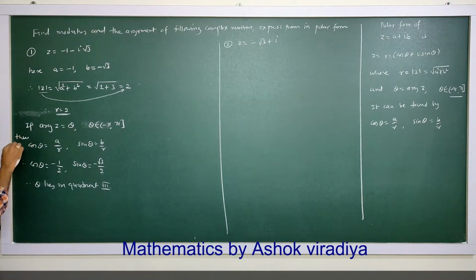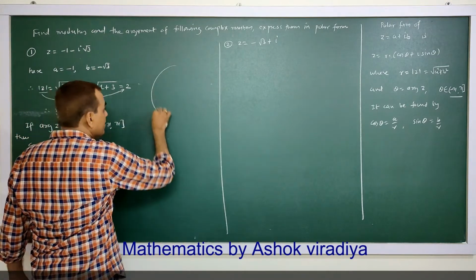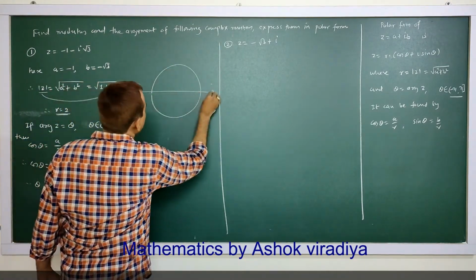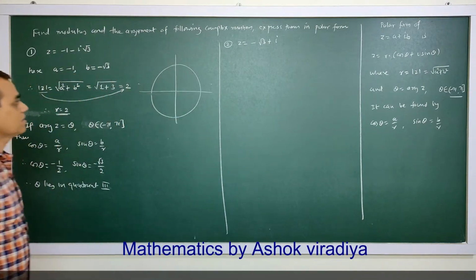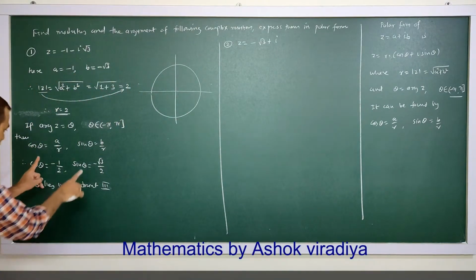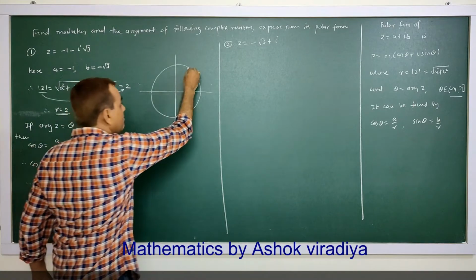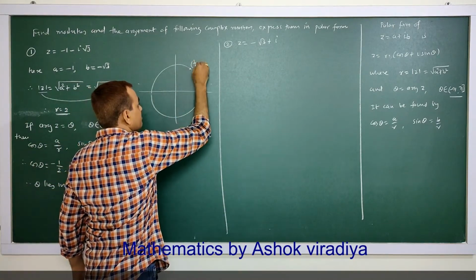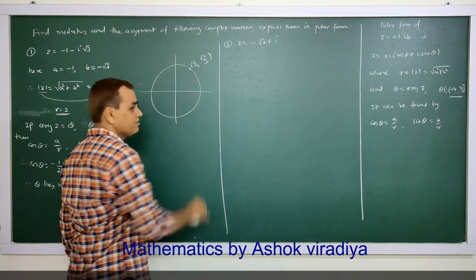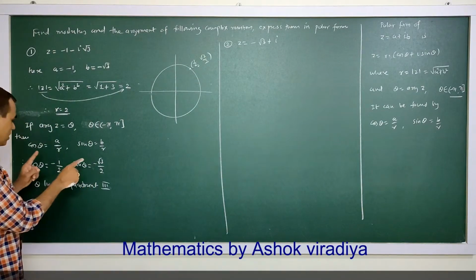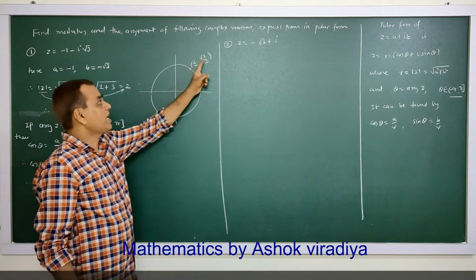So to find the value from minus pi to pi, take help of the unit circle. If suppose both are positive, X positive, Y positive, for a few seconds consider both are positive. Cos is 1 by 2, sin is root 3 by 2.